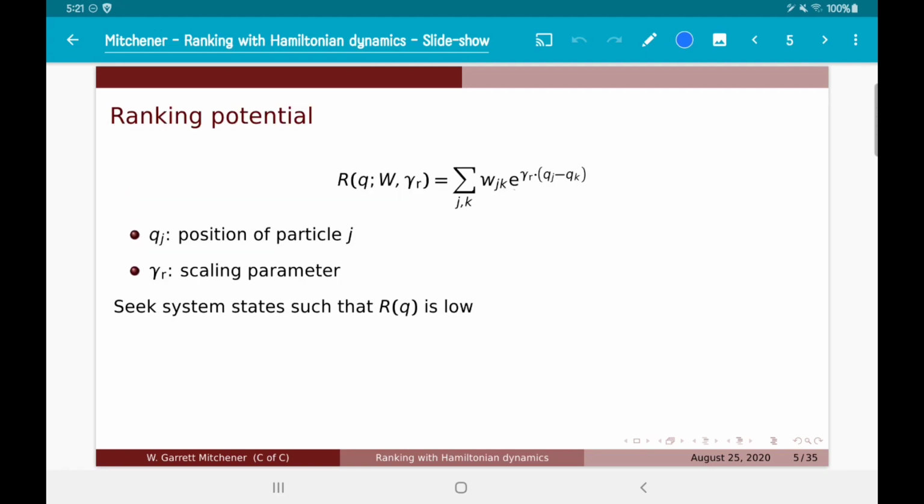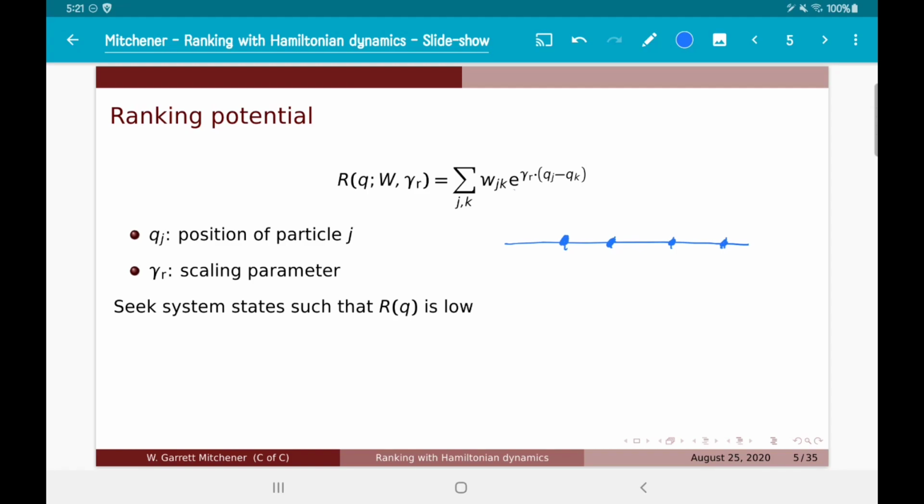So to begin, my approach is to define some sort of ranking potential. Here's the idea. I'm going to put the items on a real line and say that there's a particle for each item somewhere on this real line, and they exert forces on each other.